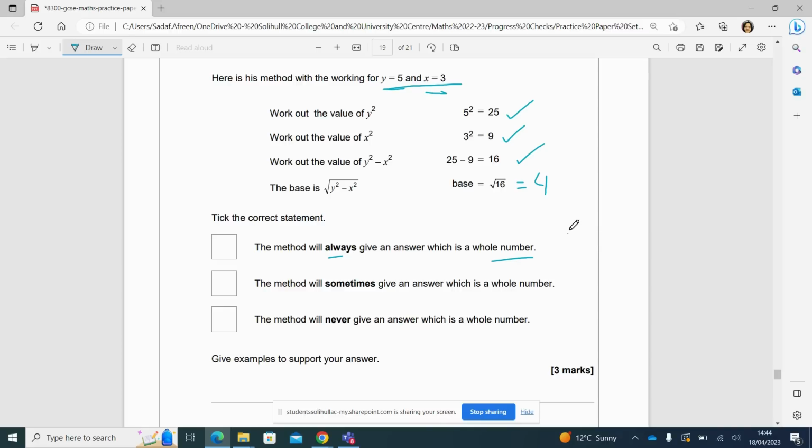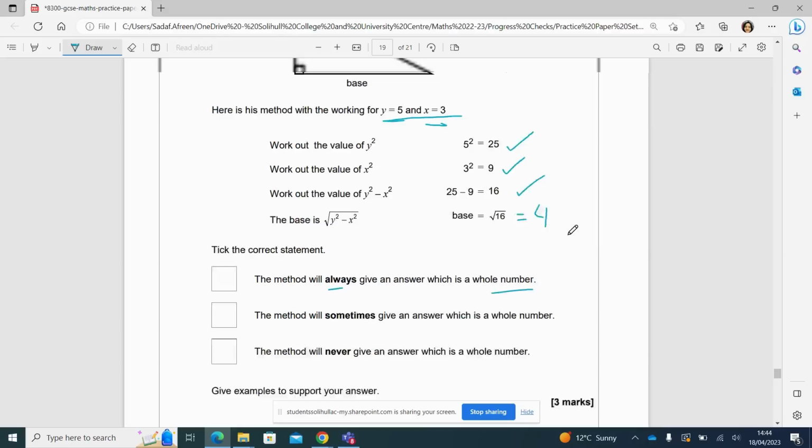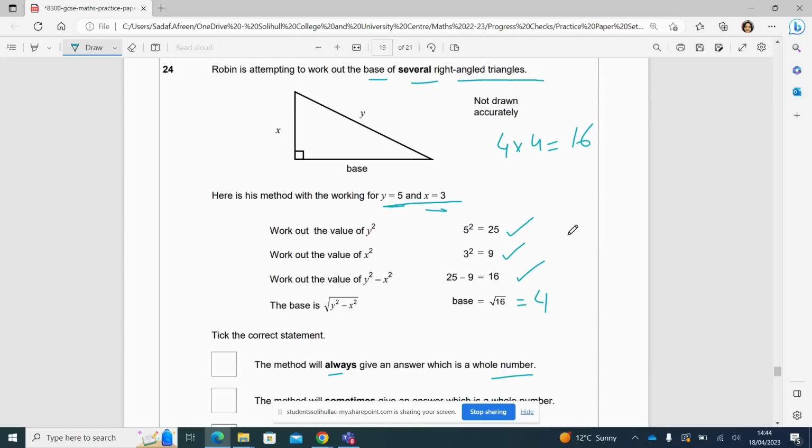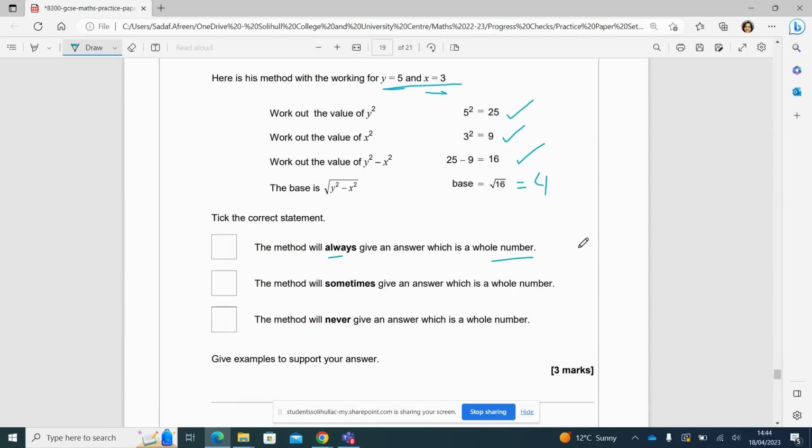So if I change the numbers slightly, for example, if I change the value of y and make it 6, what will happen then? If I change the value of y to 6, what will happen is that gives me 6 square, which is 36. Then you take away 9 from it, and the answer you will get is 27.